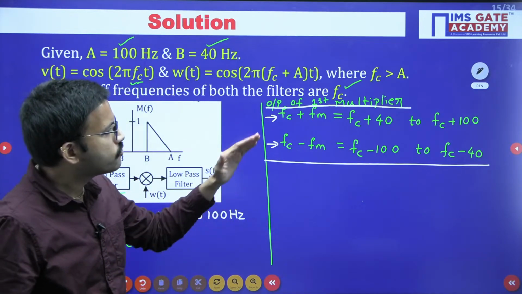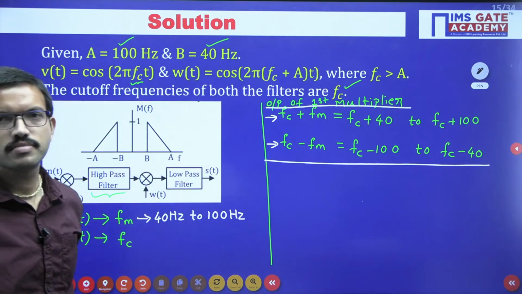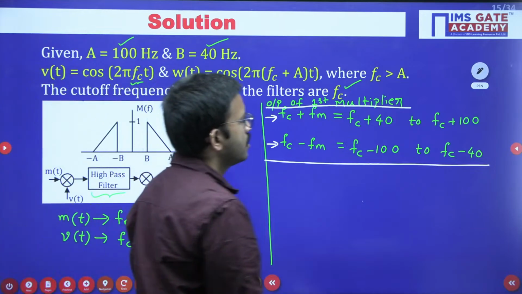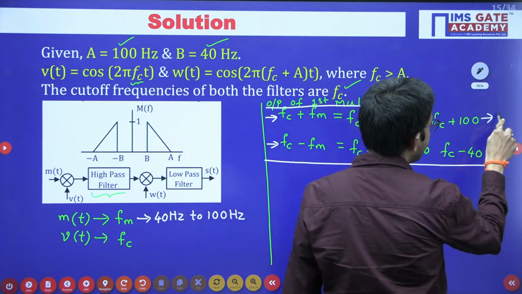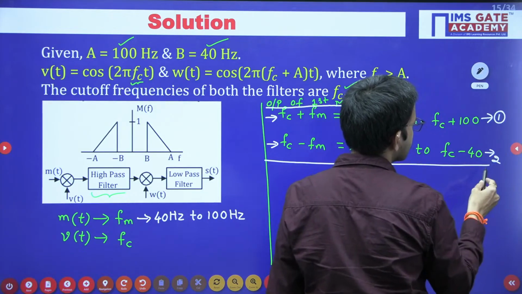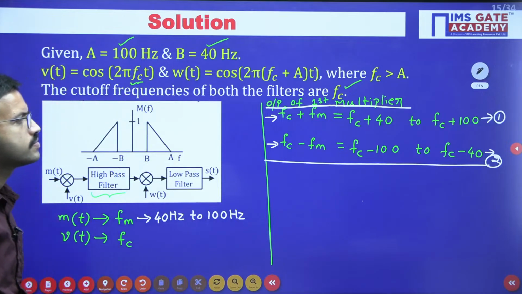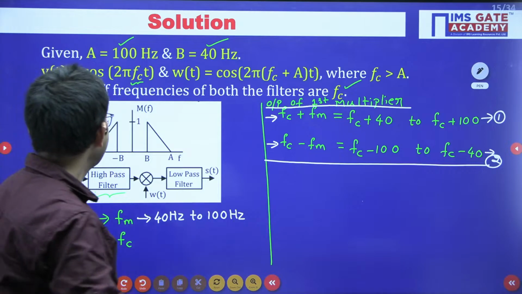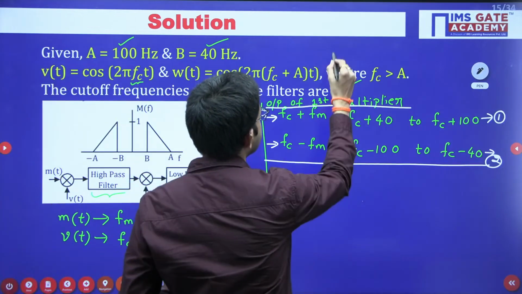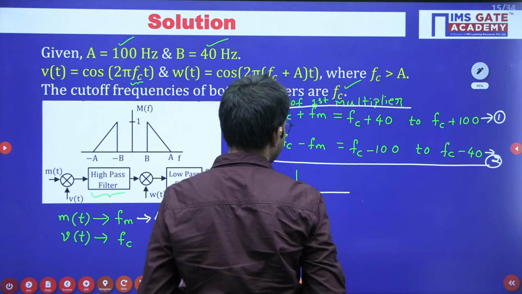Which range does this high pass filter allow, the first one or the second one? This is the first one and this is the second one. So which one will it pass? See, regarding the high pass filter, you will have it like this.